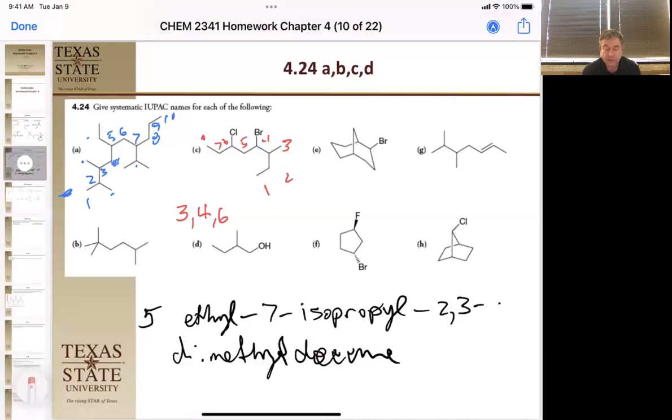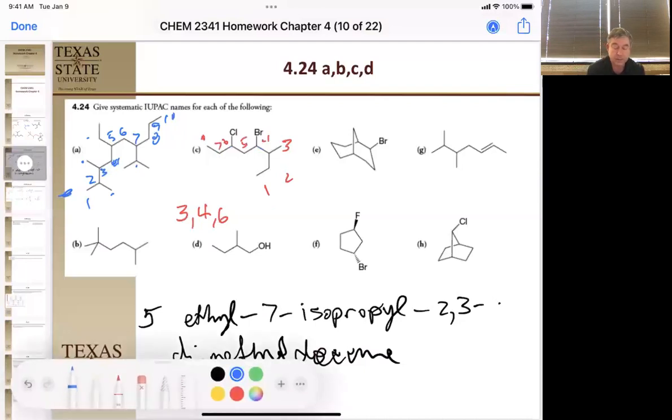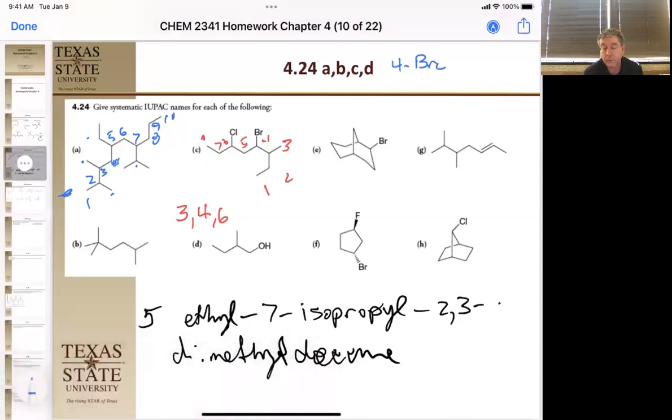And so that's going to give our substituent on the 3, the methyl. The 4 is the bromine, and the 6 is the chlorine. So let's put that all together. We have 4-bromo. We have 6-chloro. We have 3-methyl.